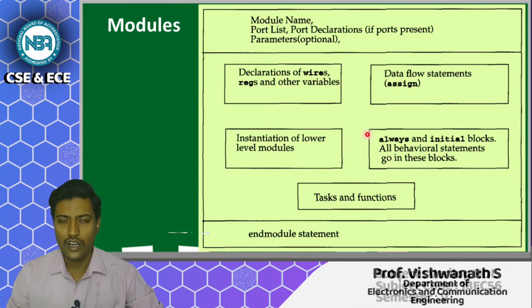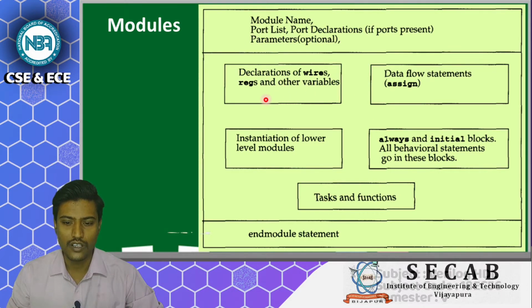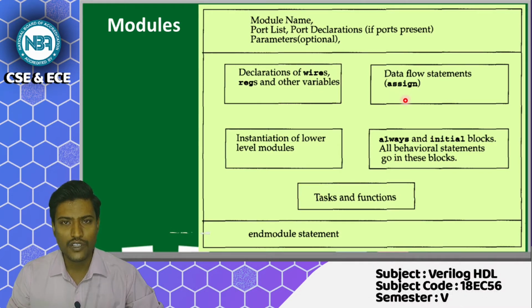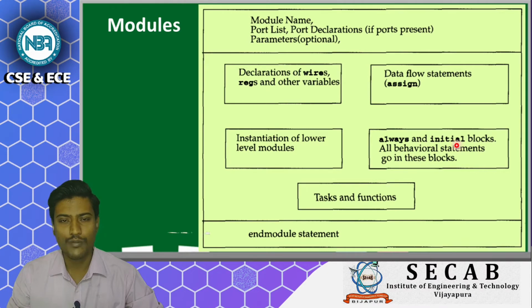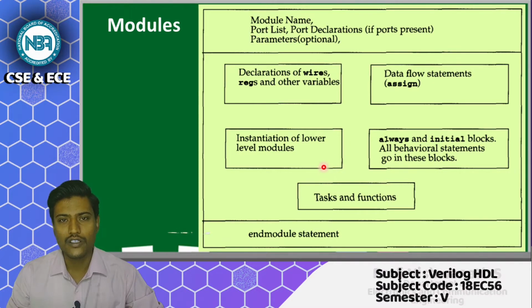That is the reason it has been given in this form. So what all things might we have? We might have registers, internal wires, data flow assignment statements, and behavioral statements such as always blocks and initial blocks, and then we might include the lower level instance blocks.